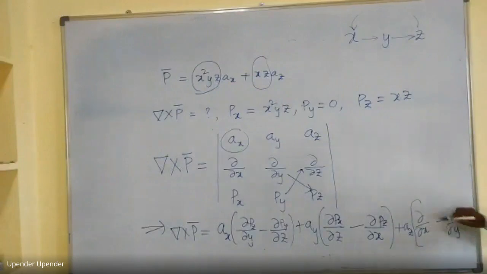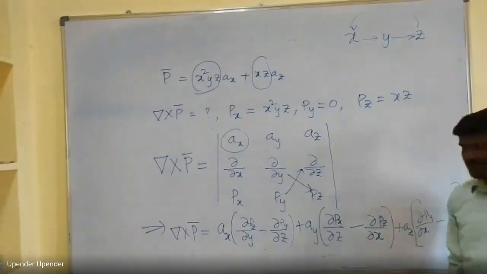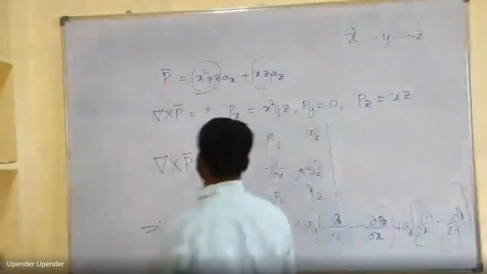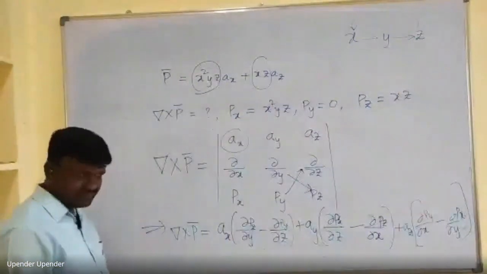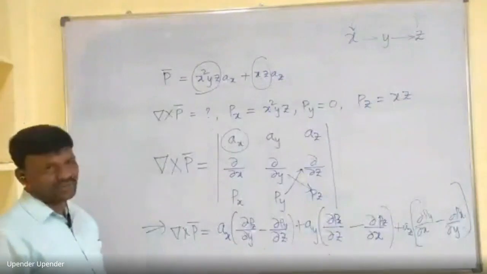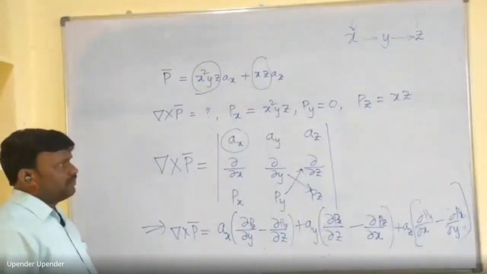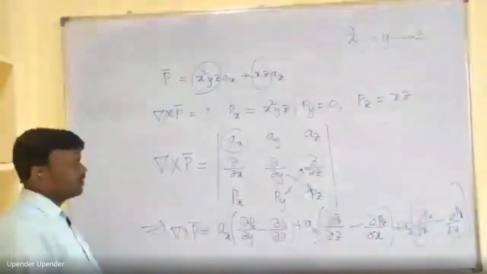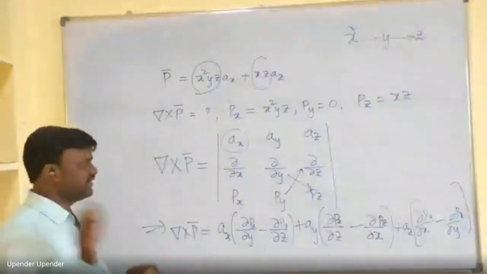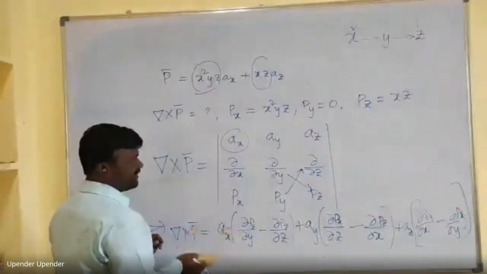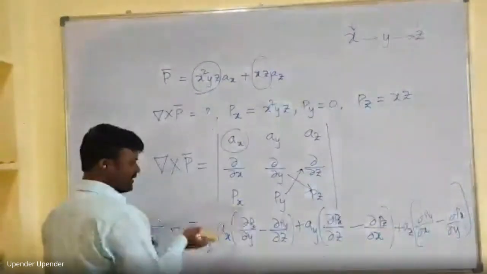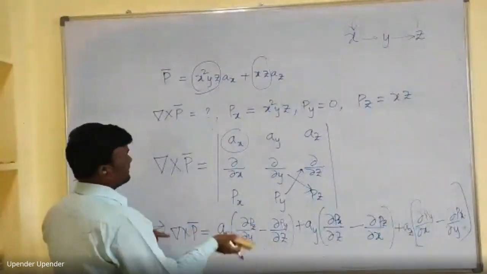Here the y component, that is Py, and the x component here, that is Px. That much is the simple expansion of curl in Cartesian. Of course, it is applicable to cylindrical also, but we need to take more care about rho, phi, z, that means the H1, H2, H3 components. Here H1, H2, H3 are ones, so that's why this expansion is very simple.